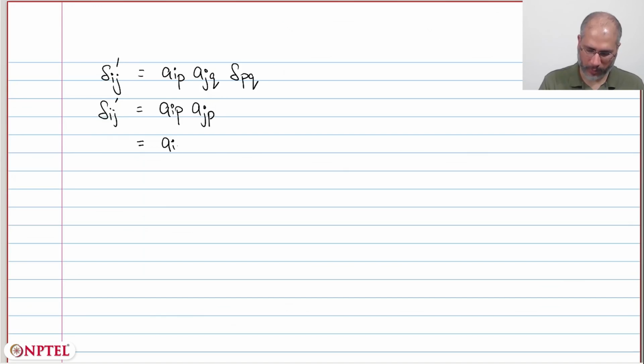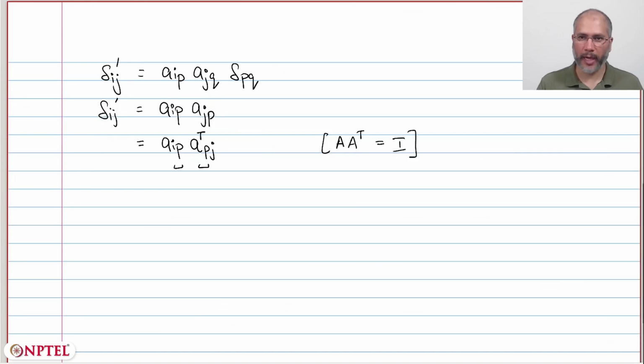I'll write the first one as a_ip, but the second one I'll write as the pj term of A transpose, because this allows me to see a multiplication between these two matrices. This is in fact the multiplication between the matrix A, that is a transformation matrix in this case, times A transpose. But we know that this is equal to identity, as we had shown in this week.